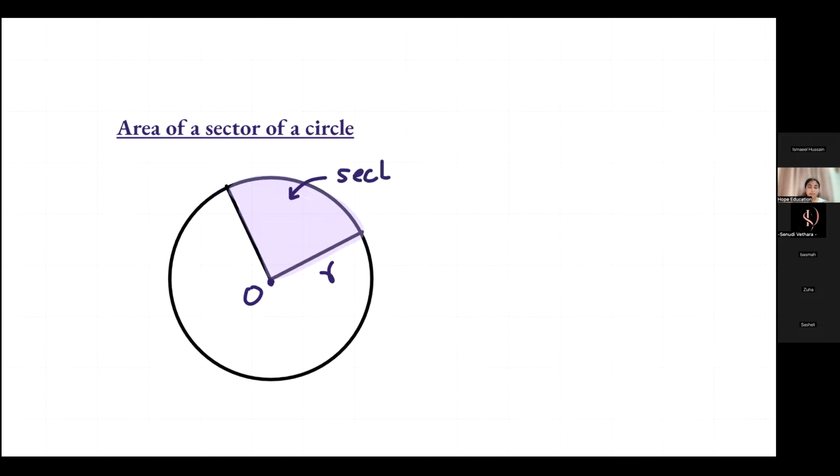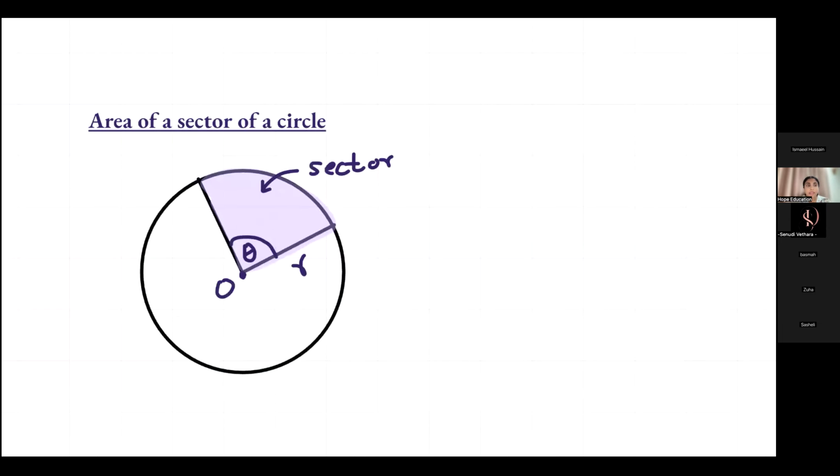So let's say the angle here could be 30 degrees, 40 degrees, 50 degrees and so on. I would just say theta. Theta means the angle here. So we have a formula for finding the area. What is the formula?